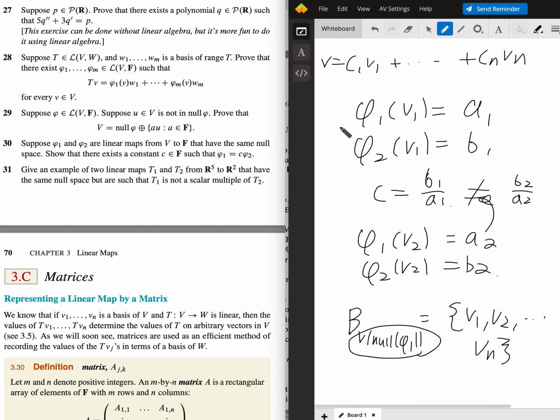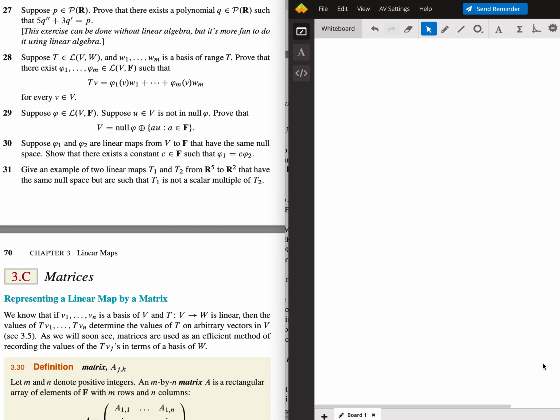I think those two ratios must be equal, but I'm not sure why. Let me just skip this one for now and go directly to question 31.